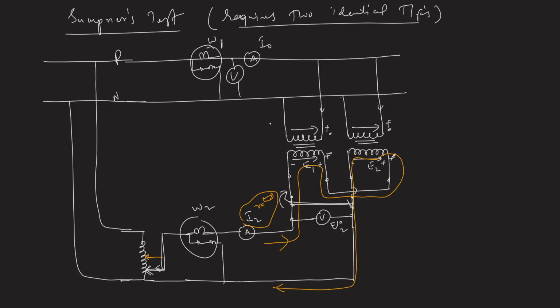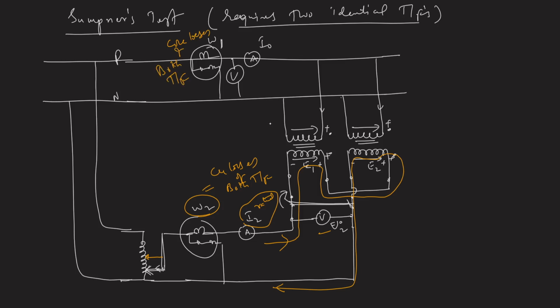Okay, so once you do that, then take the wattmeter reading and the voltmeter reading and this ammeter value. Okay, so now what do you mean by that? So this wattmeter is giving the copper losses of both transformers, and this wattmeter is giving me the core losses of both transformers.